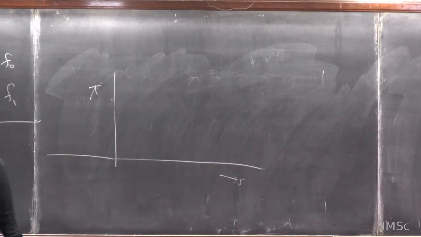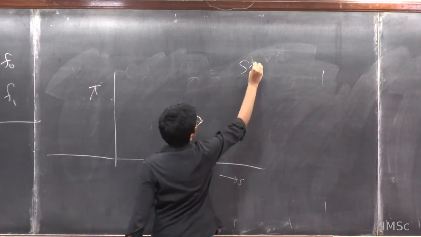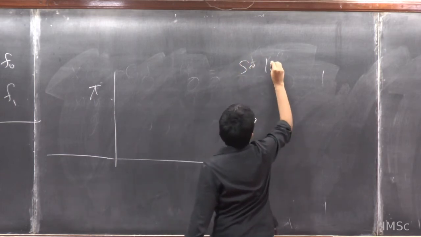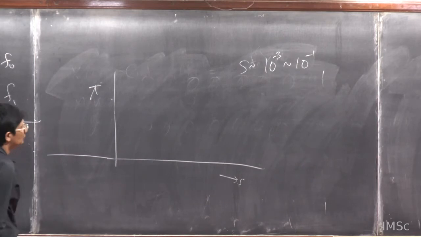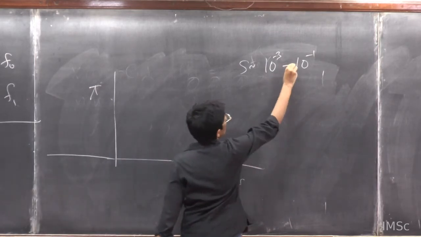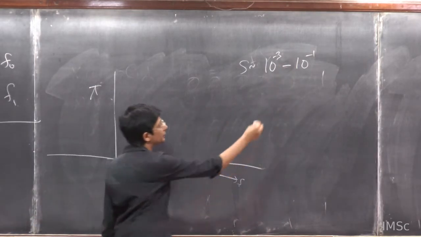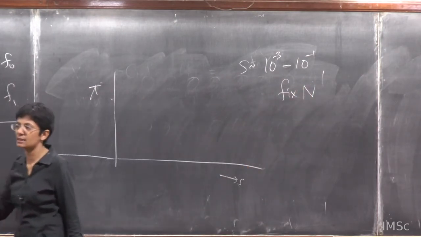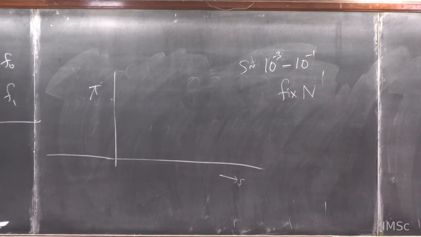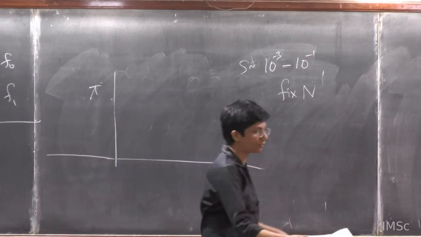Typically, s is a small number. Experimentally, it's like 10 to the power minus 3 to 0.1. So, don't think of s as 10 or something. It could be positive, negative or 0, but it's typically of this order. So, fix your favorite value of n and tell me how the curve looks by looking at that formula.